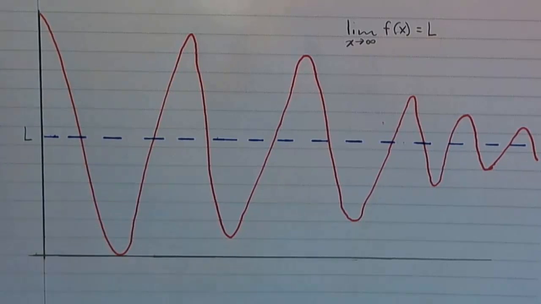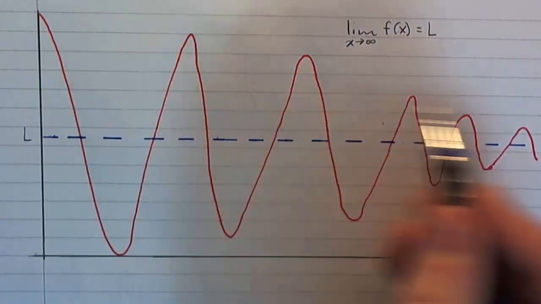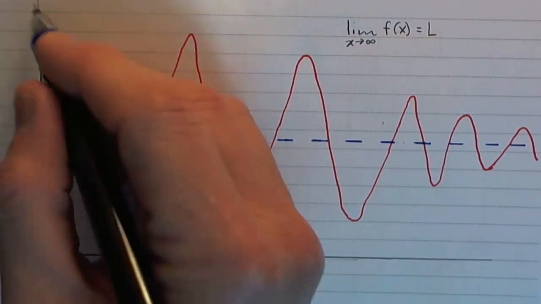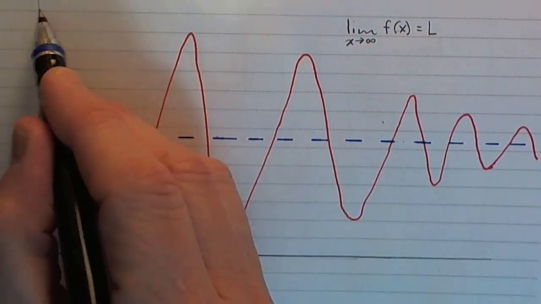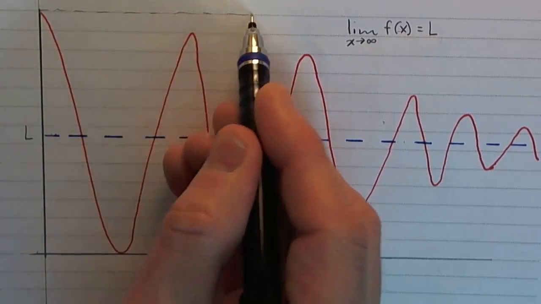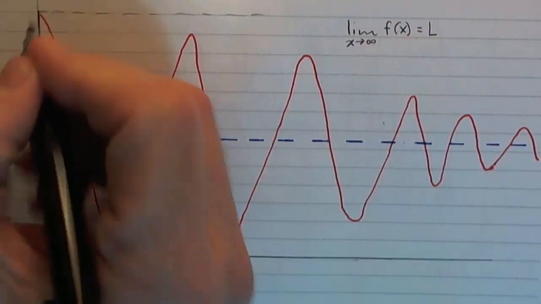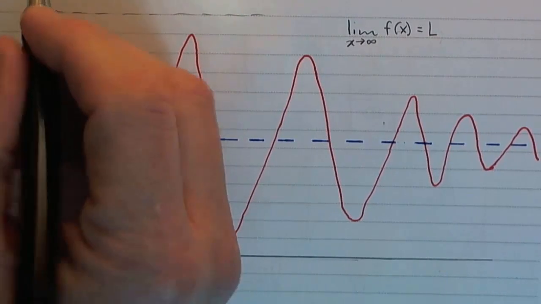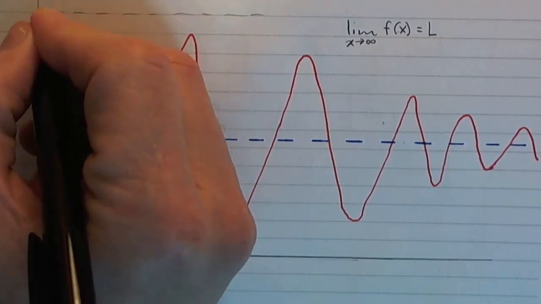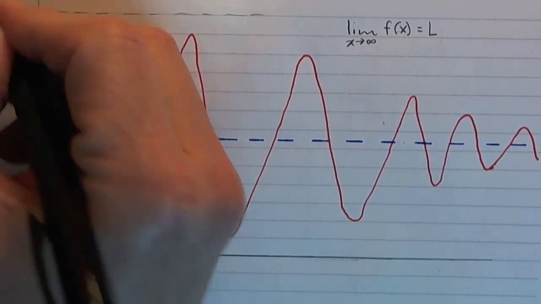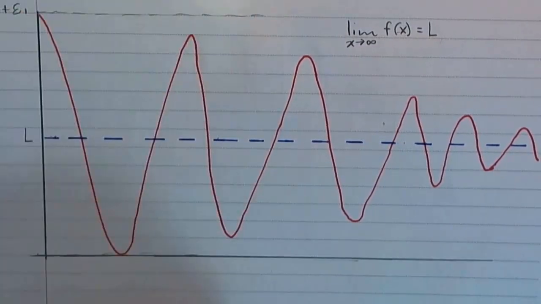Now, notice that every part of this function, the high point and the low point, is all contained. It has an upper bound here and a lower bound here, right? In other words, if I graph this horizontal line up here, this is L plus some epsilon. I'll call it epsilon 1.